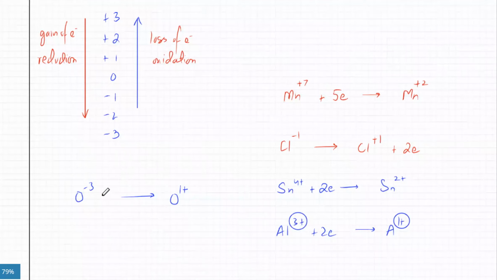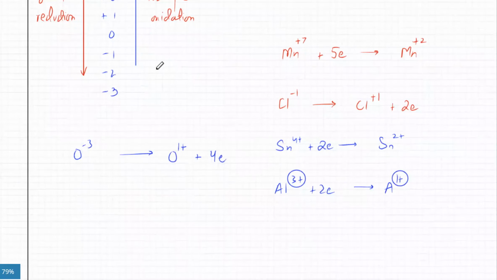The charge should decrease. You're going from -3 to, you're going up. Oxidation. So that is oxidation, and that's a loss of 4 electrons. Is this clear? Just be very careful with this. Try and understand it this way: if the charge is increasing, that's a loss of electrons. If it's decreasing, it's a gain of electrons.